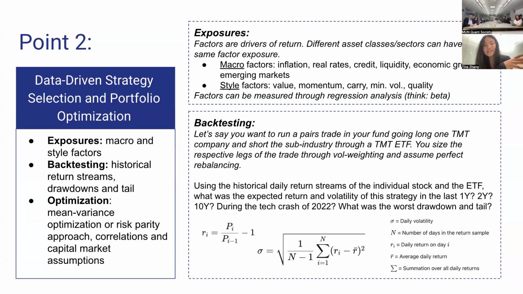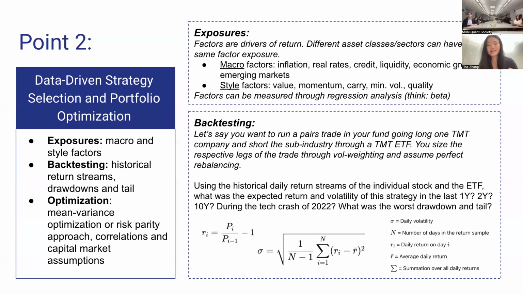So once you have an understanding of the exposures driving your portfolio, the other thing would be to put your trades through more rigorous, data-driven analysis. We talked about long versus short. Let's say you want to do a trade in your trading bot, and it's going to be a pairs trade. So instead of just going long one asset, you're also going to short something else and take the difference.